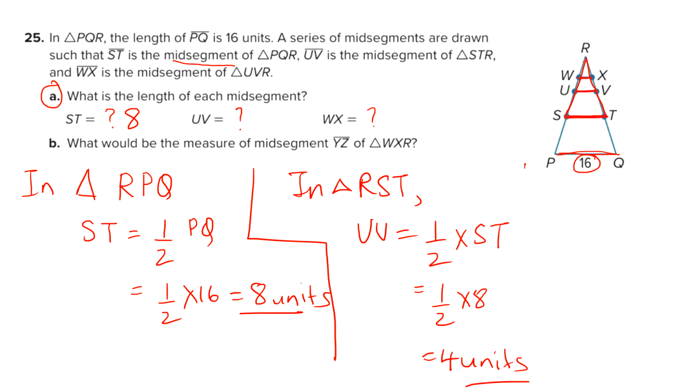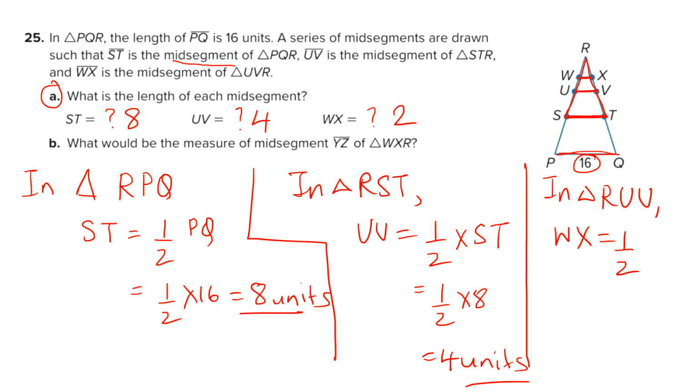So every time, the pattern is that it becomes less and less. First 8, then 4, then the next one should be 2. Let's check. If I take the smallest triangle now, triangle RUV, then my mid-segment is WX, which is half of UV. So half of 4, yeah, it's 2 units. So that's the answer for part A.